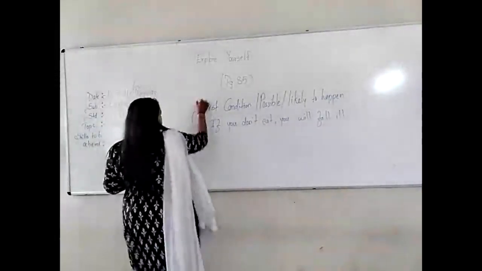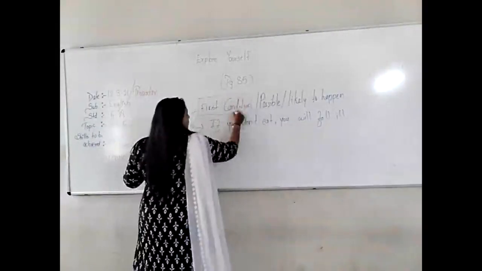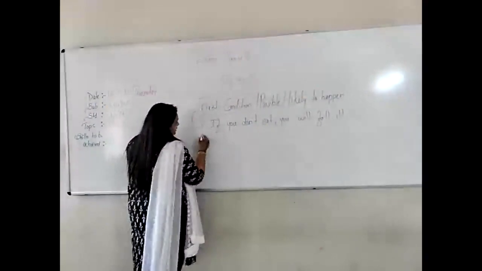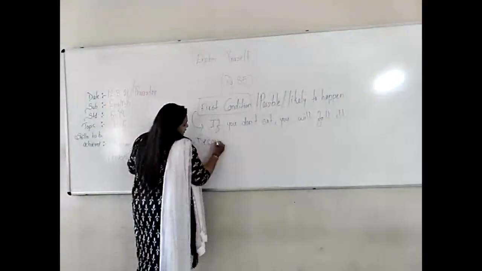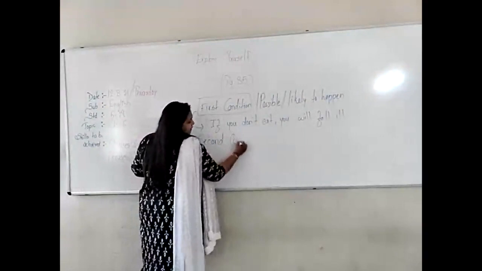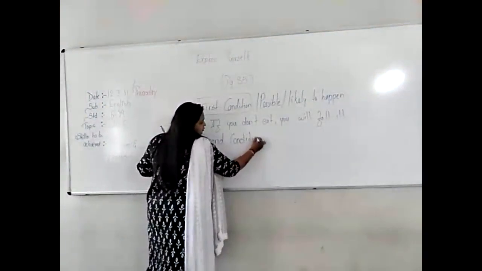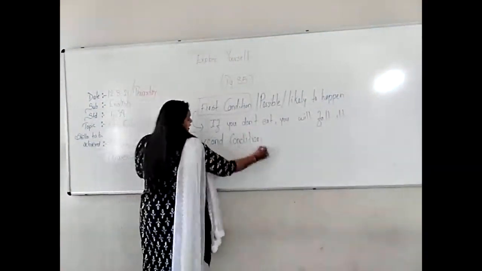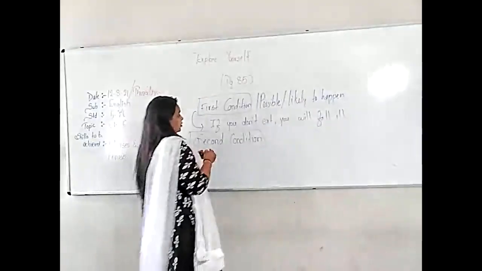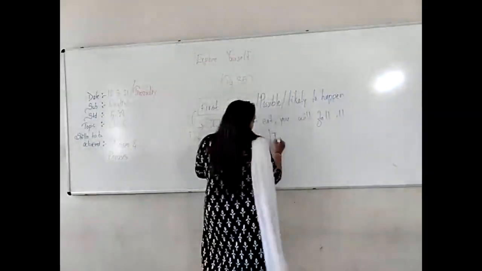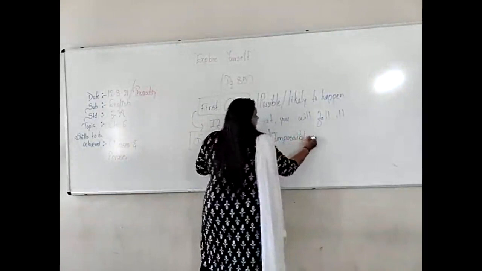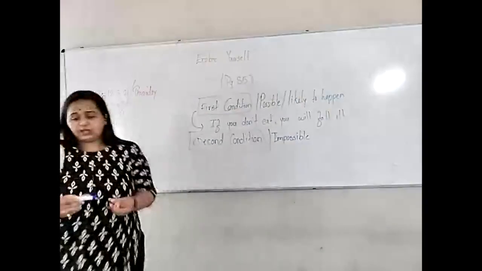Now, the first condition means it is possible and likely to happen. In the second condition, everywhere if is used, right? The situation given is impossible or unlikely to happen. It is impossible, that which cannot happen.